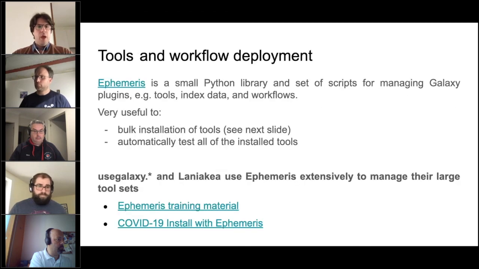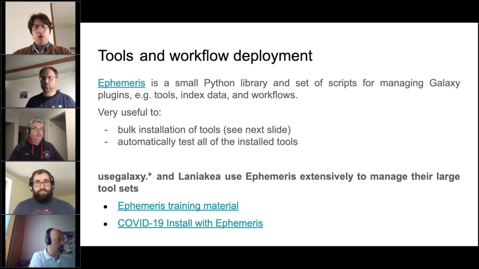Okay, so we talked about the global infrastructure, how to deploy your own Galaxy instance, and this is how to customize your private instance. If you want to install tools and workflows for COVID-19 analysis, there is a nice tool that is Ephemeris, which is a Python library allowing you, in a few steps, to install all the COVID-19 tools and workflows.